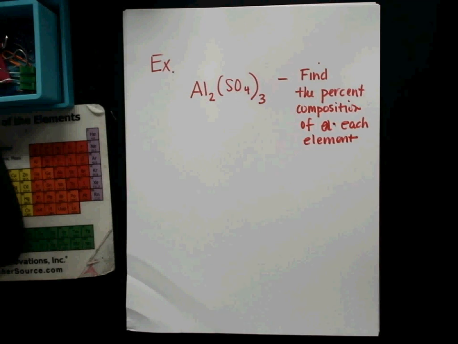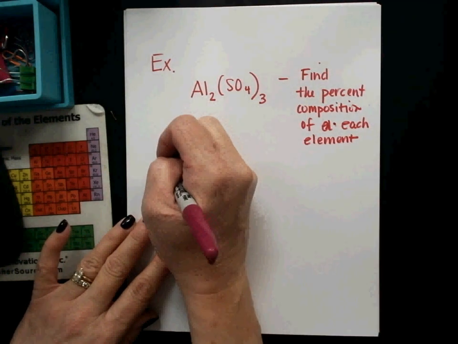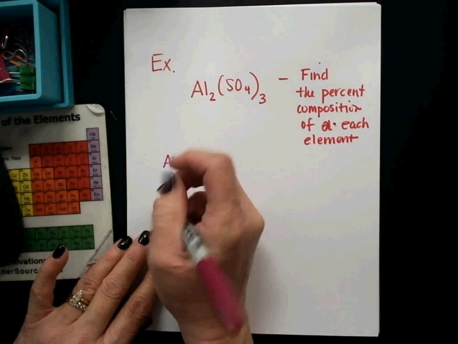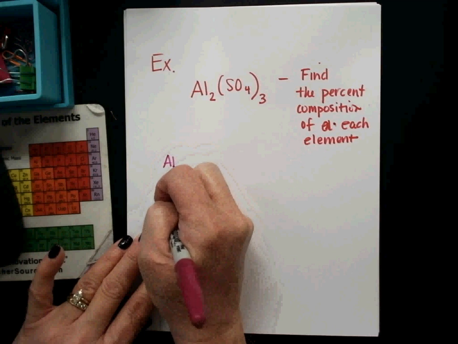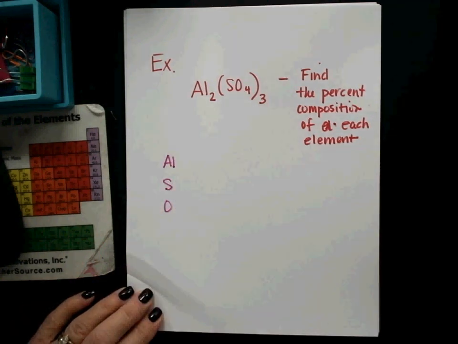So the first thing I'm going to work with is calculating the molar mass. So I'm going to bring down my elements, Al, S, and O. And then I'm going to write down, and I want you to go ahead and do this, how many of each of those you have, and then we'll check it.